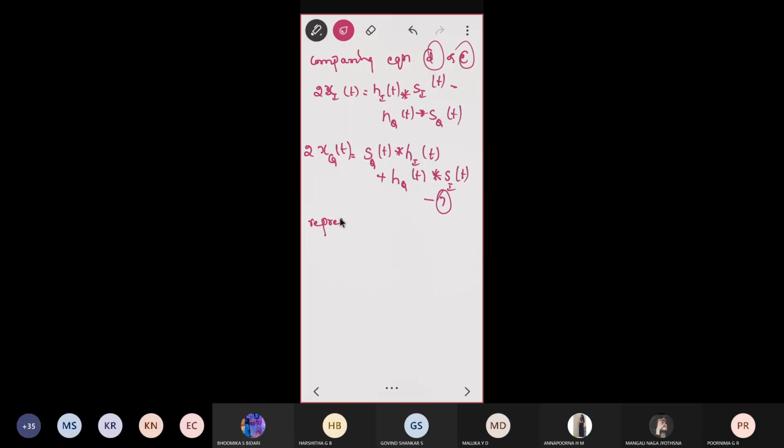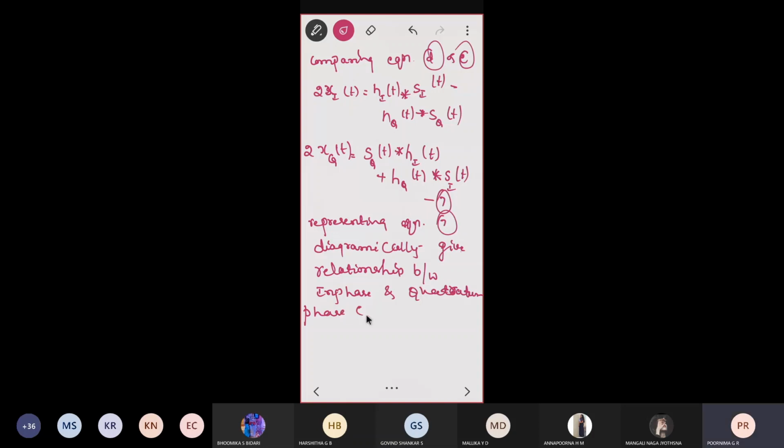Representing equation 7 diagrammatically gives the relationship between the in-phase and quadrature phase components response.